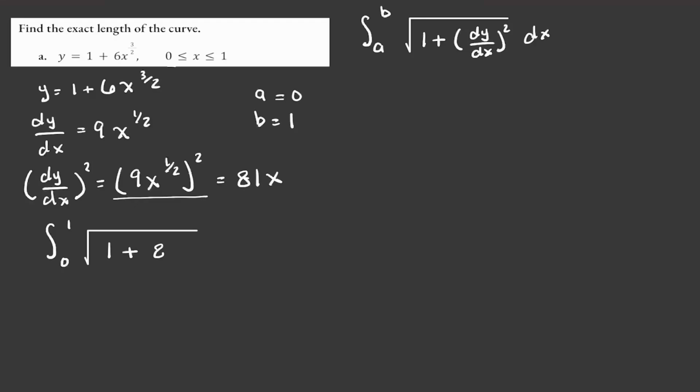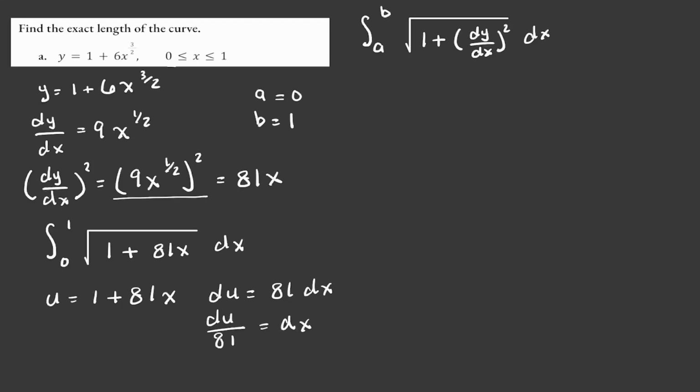So that's 81x dx. Now from here, we will be using u substitution in order for us to integrate the function. We're going to let u equal whatever is underneath the square root, 81x, and then we take the derivative of that, so that gives you 81 dx. We're going to divide by 81 dx.